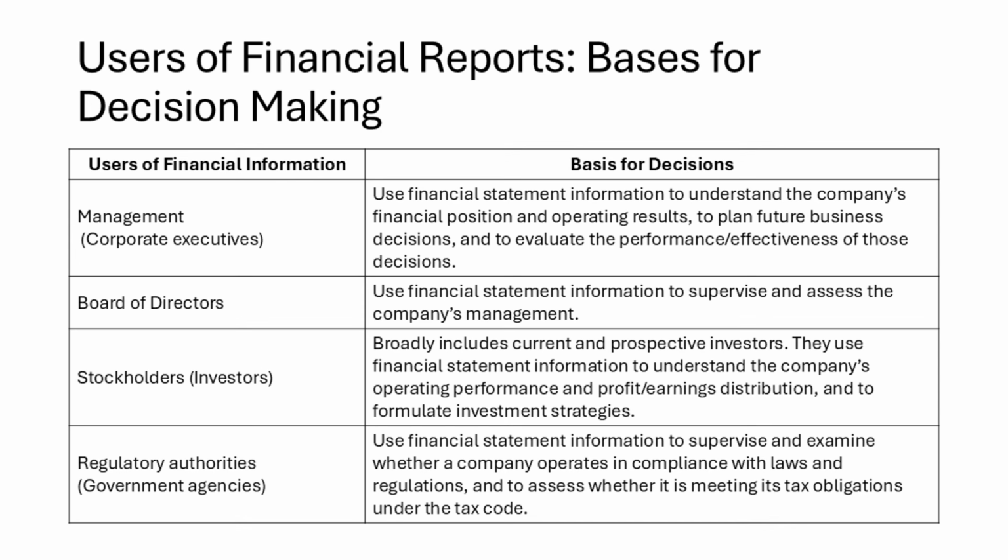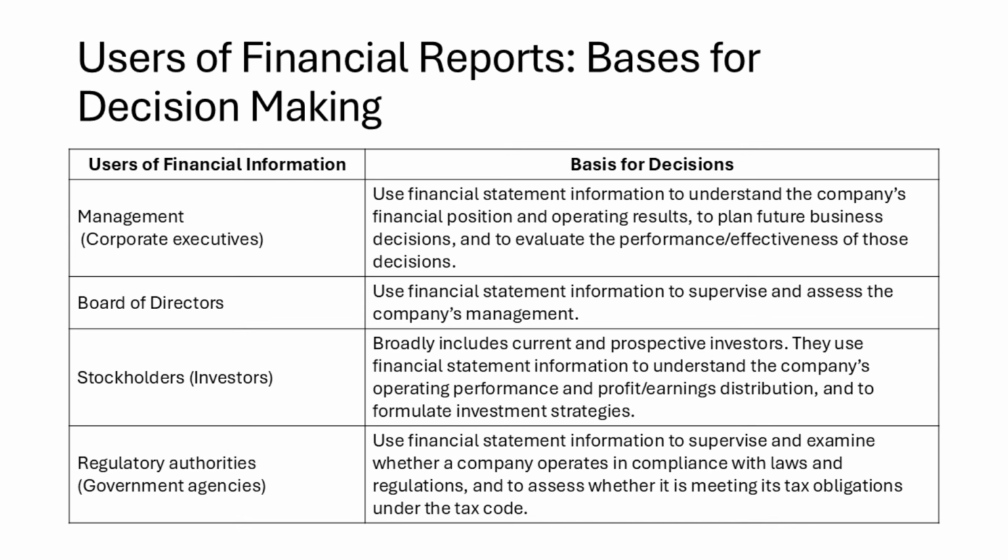So broadly, current and prospective investors all fall under this user type. Investors use the financial statement information to understand the company's operating performance and profit distributions, like ROA, ROE, and earnings per share. Some of you maybe have heard about these. They use it to formulate an investment strategy: whether to invest or not, buy the stock or not.